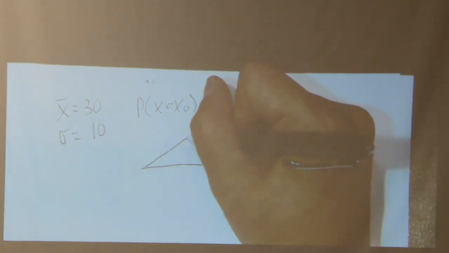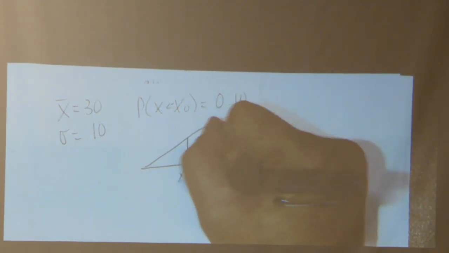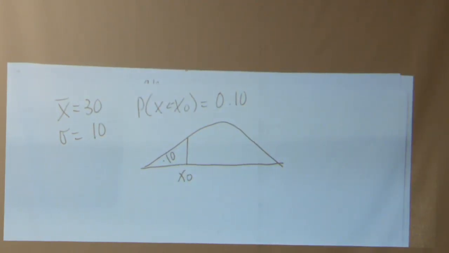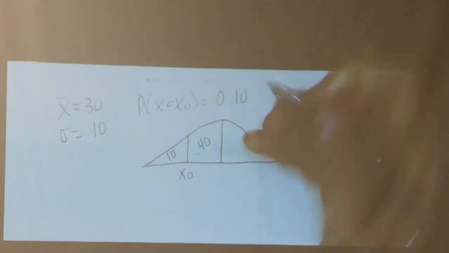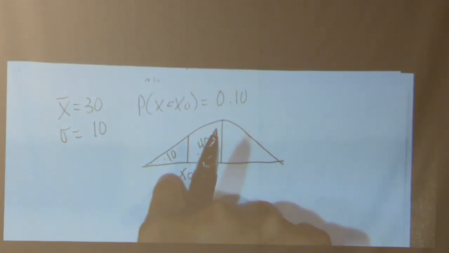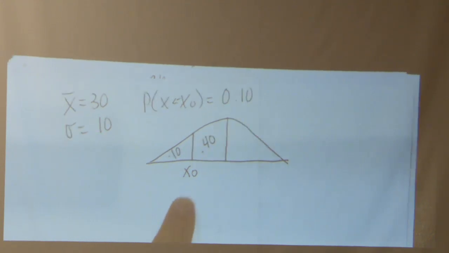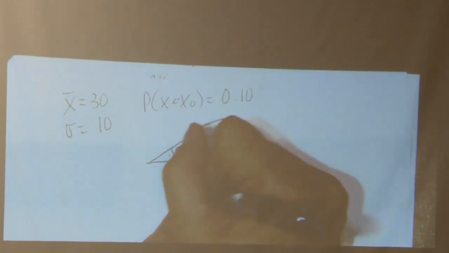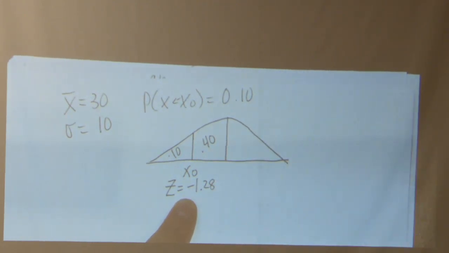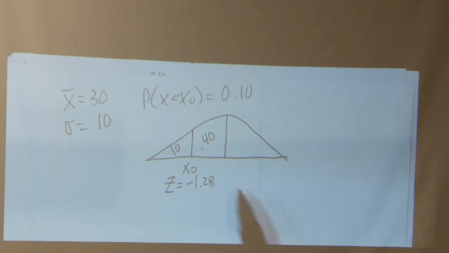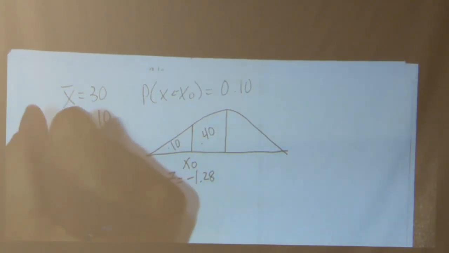So we would place our x naught over here with a 0.10 right here. And then, depending on which class you're in, you would either look up the 0.4 or the 0.10 to get a z-score of negative 1.28, and it's going to be negative because it's on the left. So then once we get our z-score, we can convert it into an x value.